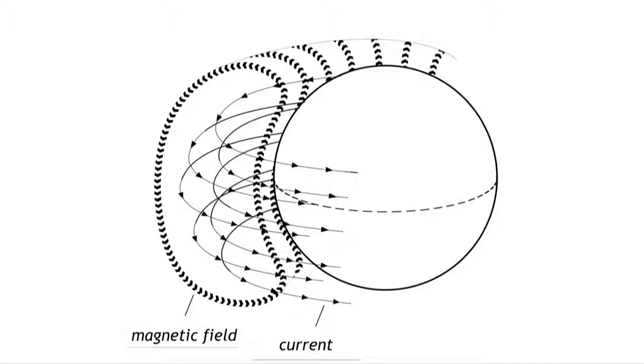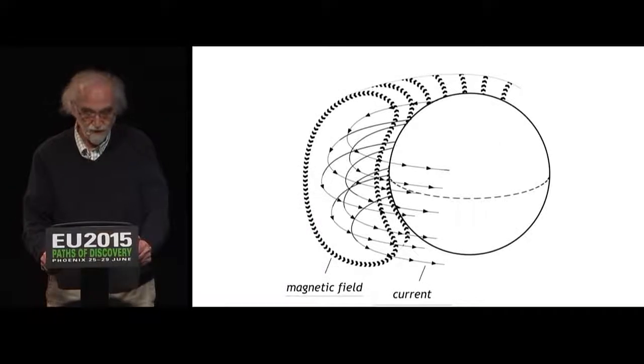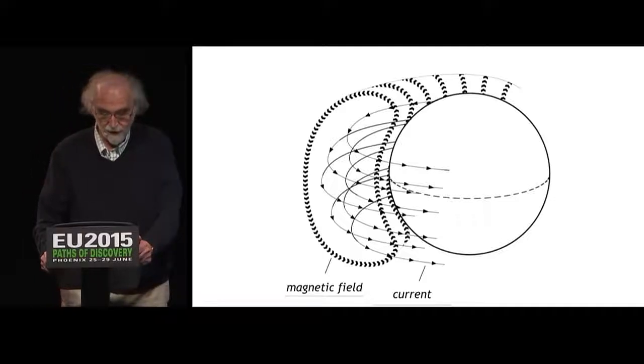It's a current. The current is flowing around the Earth. And if you have a current flowing that way, then those thicker lines show the magnetic field. So it's possible that you can actually get a magnetic field occurring just from those charge gradients, creating current that flows around the Earth.